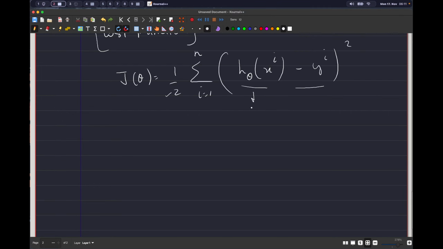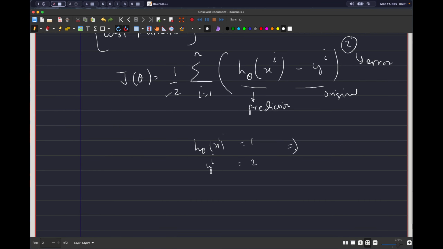So this is our prediction. This is our original value, and we want the prediction to be as close to the value as possible. Now this square term amplifies the error. So suppose your h theta x for a particular sample is 1, and y for that particular sample, which is the original value, is 2.